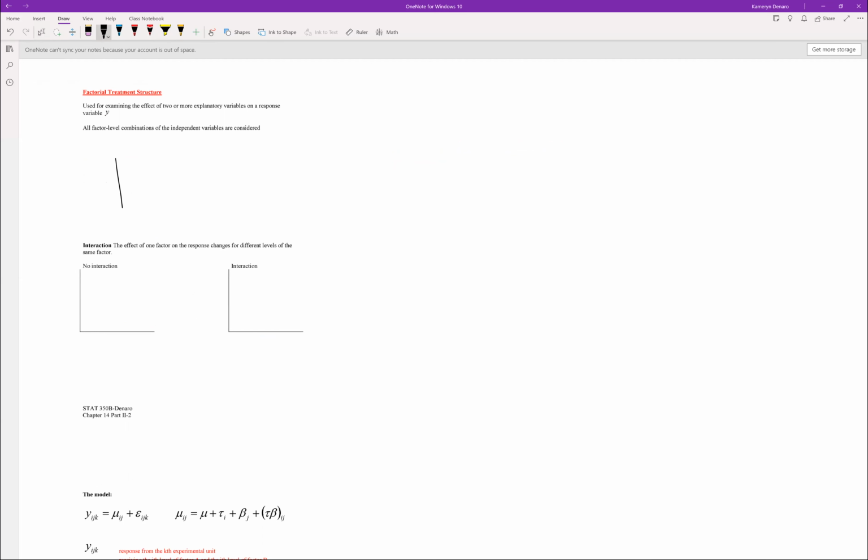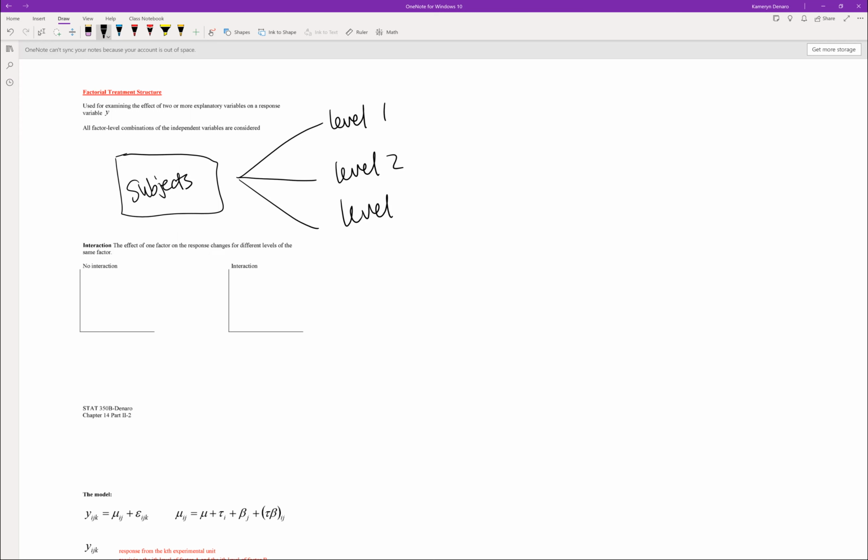So suppose we already have our subjects. And then for factor 1, let's suppose there are three levels: level 1, level 2, level 3. You're going to randomize them in factor 1.